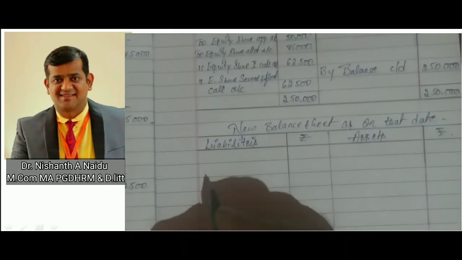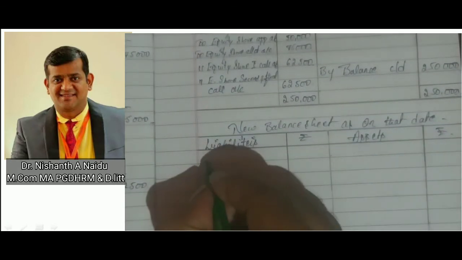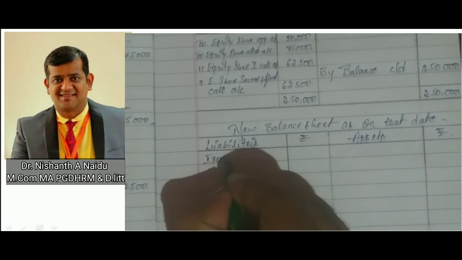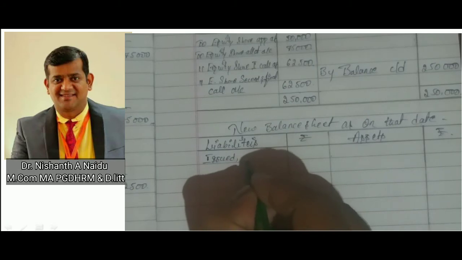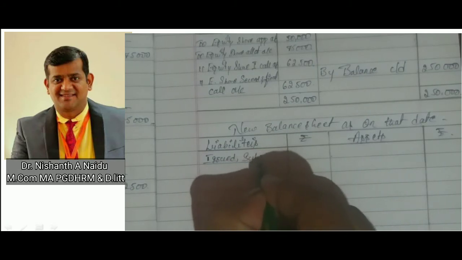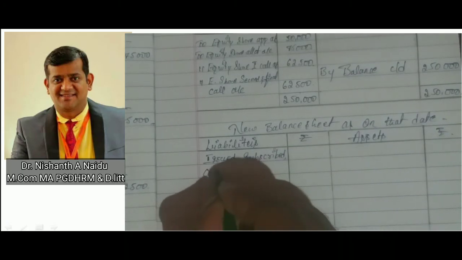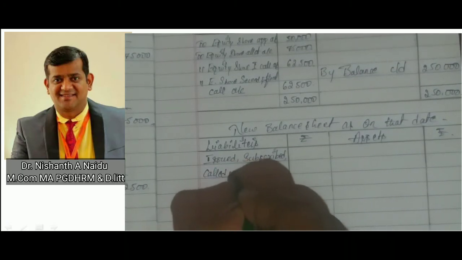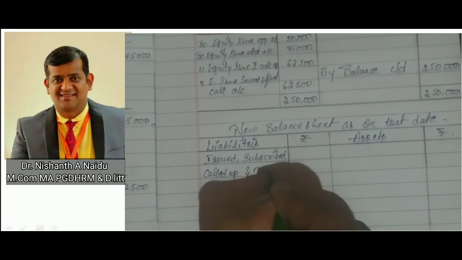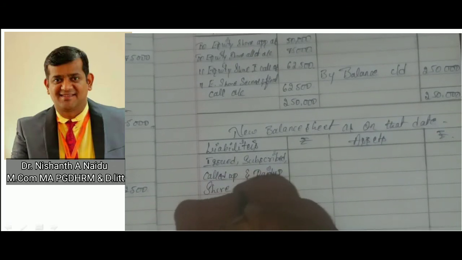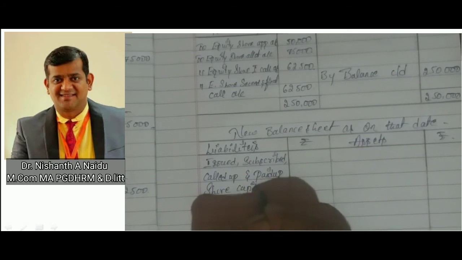On the liability side, write down directly: issued, subscribed, called up and paid up share capital.